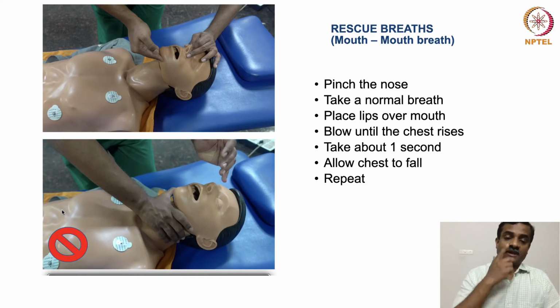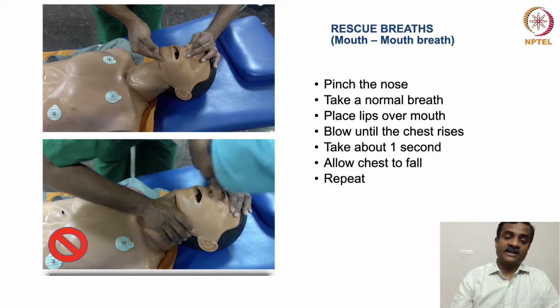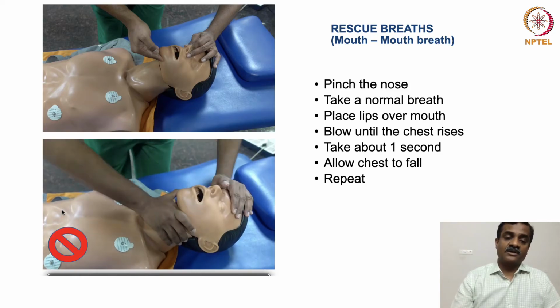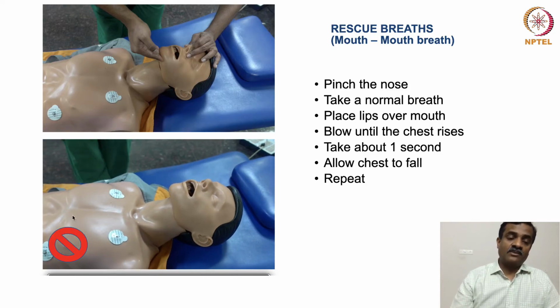Without pinching the nose, creating an effective mouth-to-mouth seal is important. So the second bottom one is what not to do. Blowing from a distance away, afraid, is not effective at all. So the top picture is what we should aim to do.